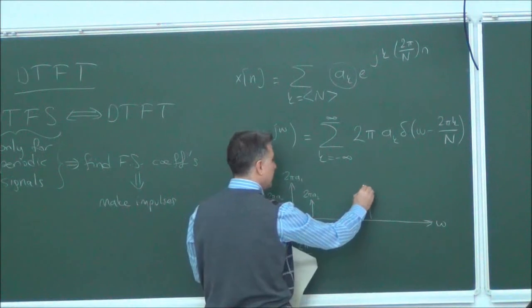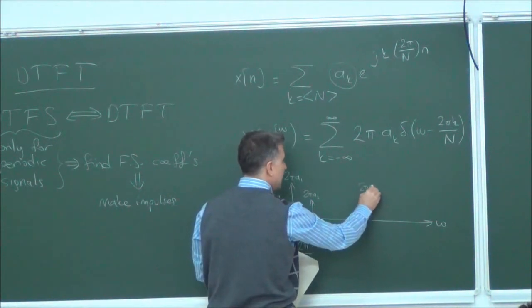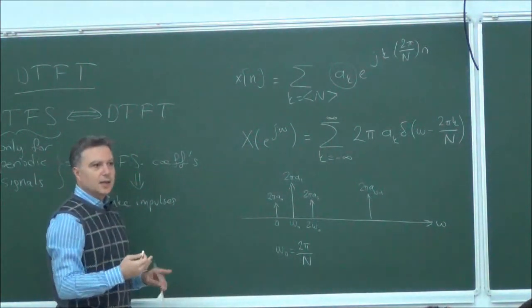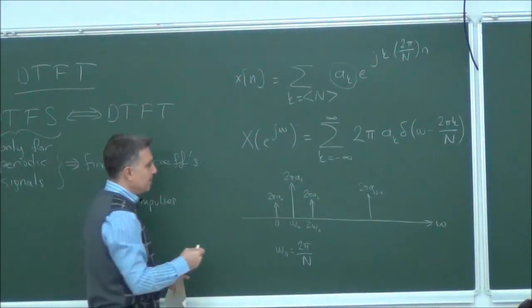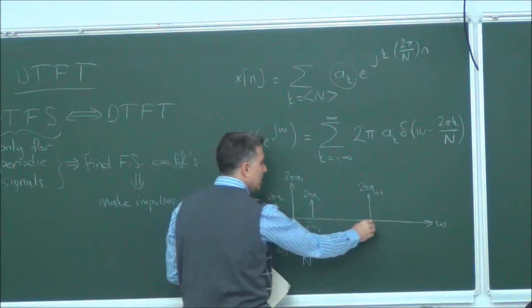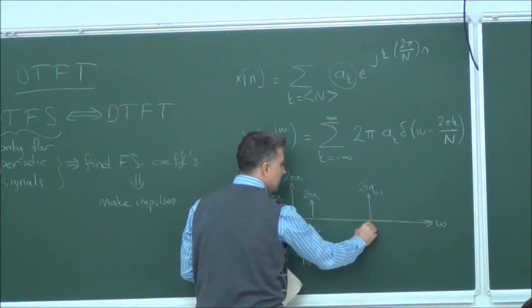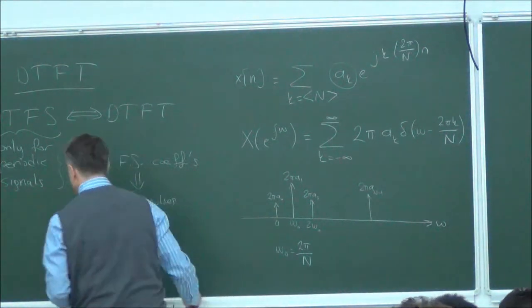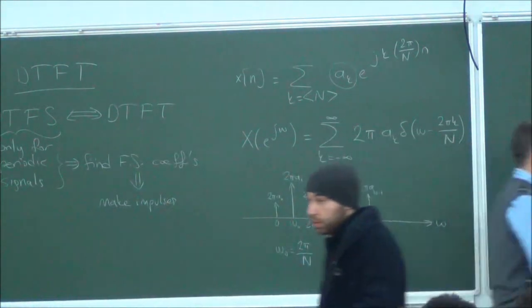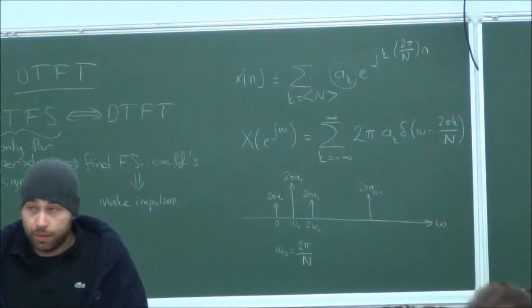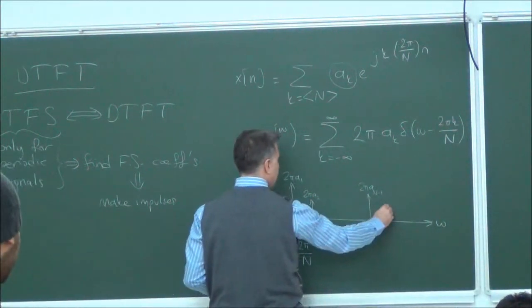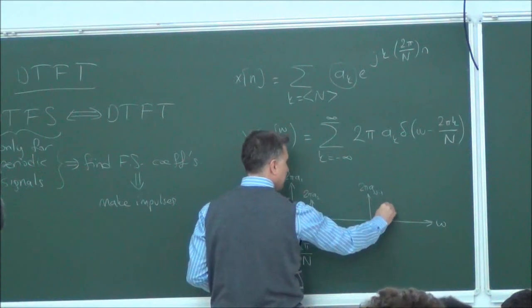Then we have, for example, 2 pi times a_(N minus 1), which is the last distinct Fourier series coefficient. This frequency, let's not indicate as it is, but instead let's use a different color to start with the new set of impulses.